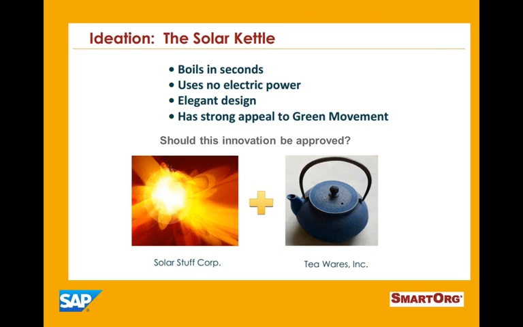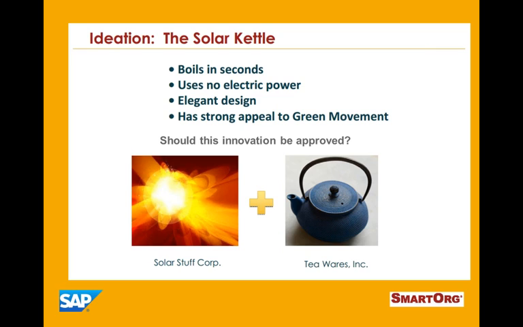So we came up with this jolly little idea called the solar kettle. And this solar kettle is something that the innovation team has come up with. And they said, look, we got this thing that boils in seconds, okay? And wherever you are, wherever you get some sun, it uses no electric power, it uses no gas, and we're going to make a really elegant design out of it.